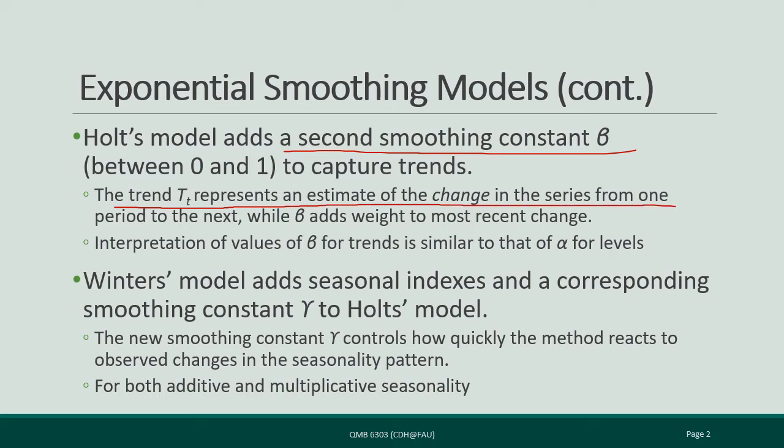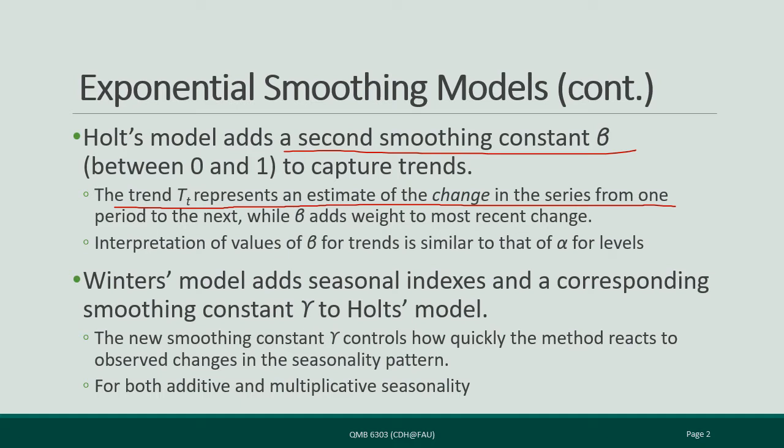The trend is the change in the series from one period to the next. If you see a constant or regular change, that is a trend, right? If we keep going higher and higher, and the change is always positive, then that is a trend.